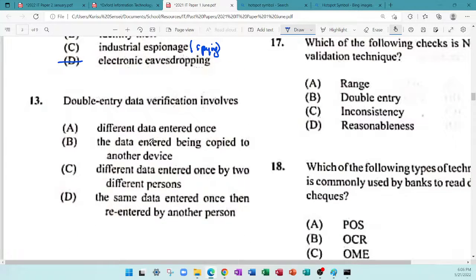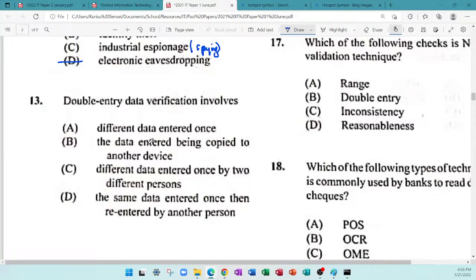Double entry data verification involves D? I think it's D. It's got to be A, because they enter it to be one person, right?